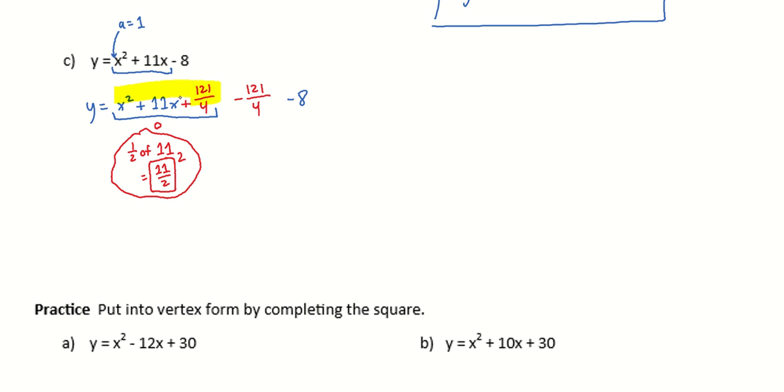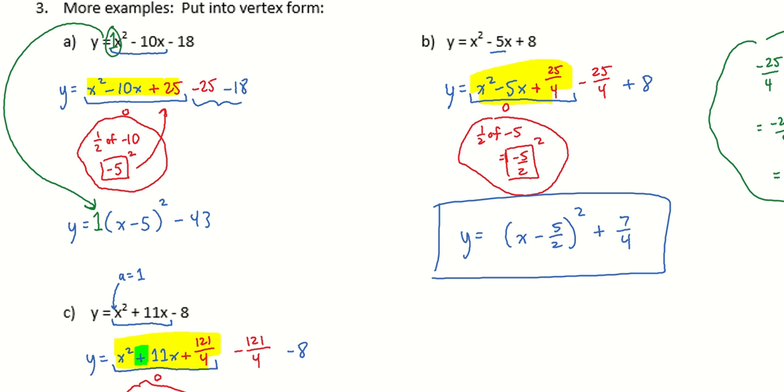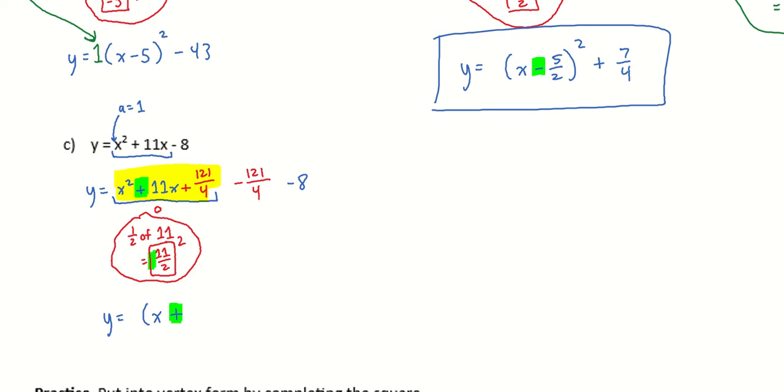The first three terms become x plus. Little tip here is that whatever this sign is, that's next to the middle coefficient, that's always the sign that we're dealing with, so I know that's going to be a positive there. Okay? In the previous example, that was a negative. So just keep that in mind when you're going through these.